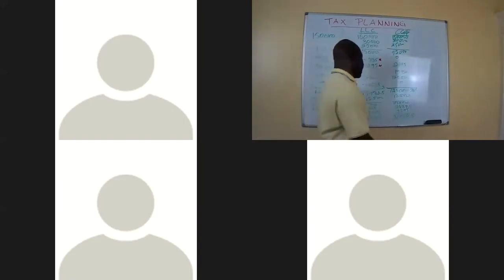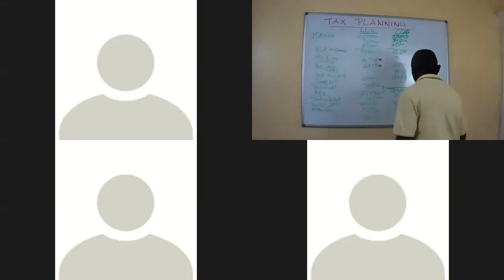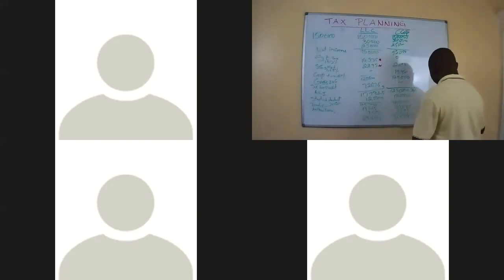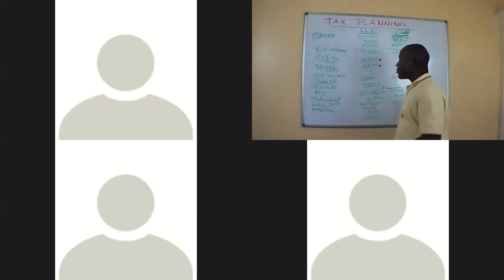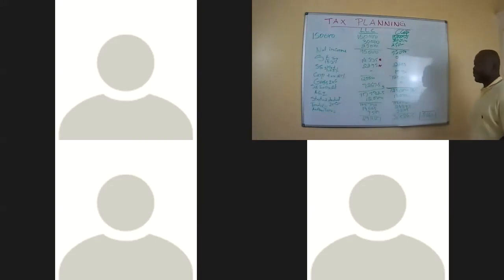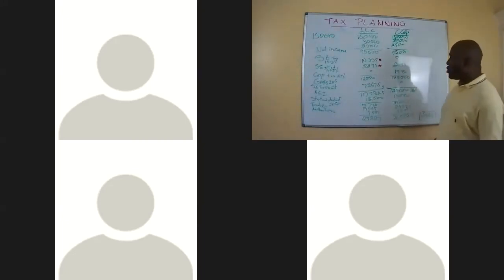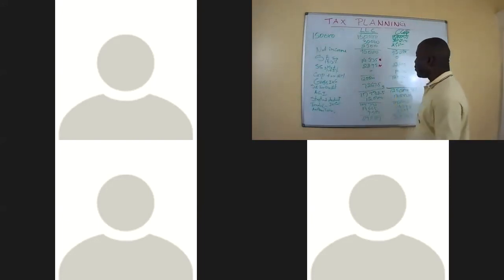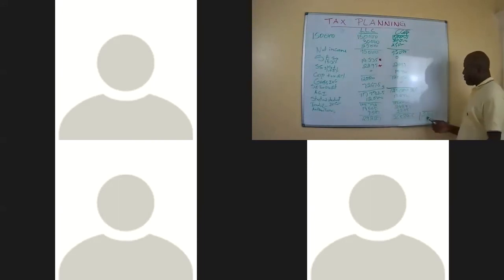You see the difference here. The difference here is $2,643. This is what she will be saving, right? But do you really think the money she pays was only to be able to save this amount?